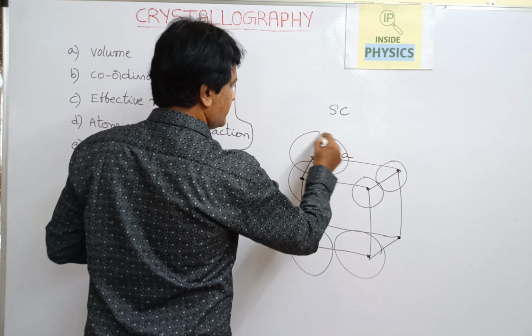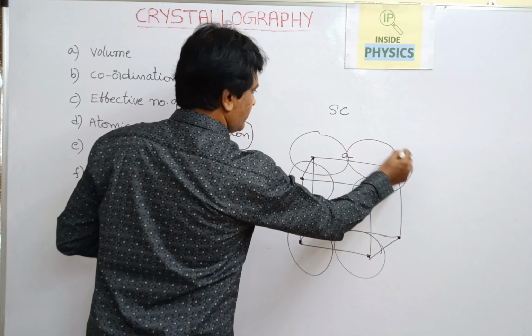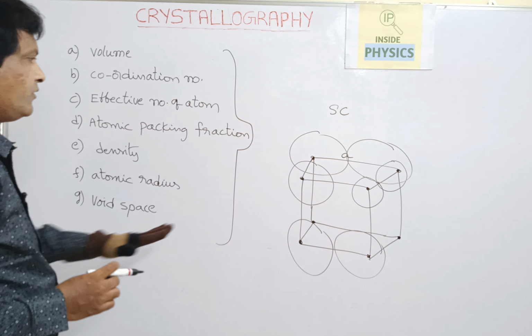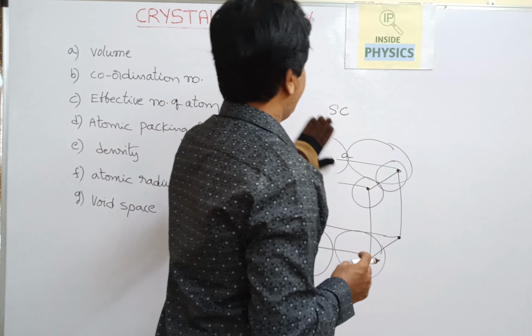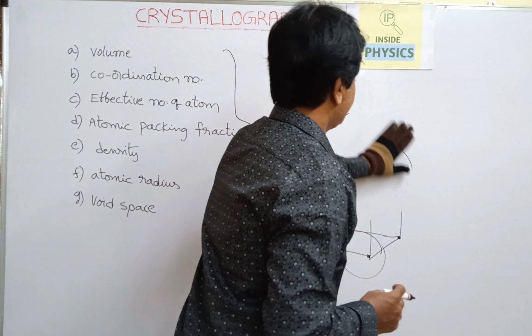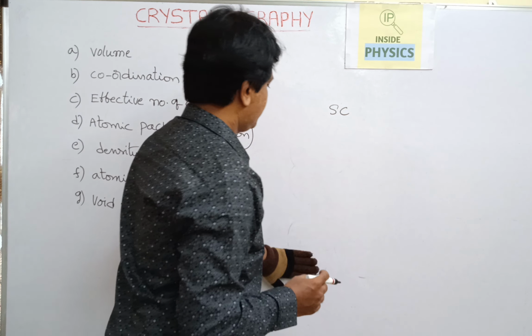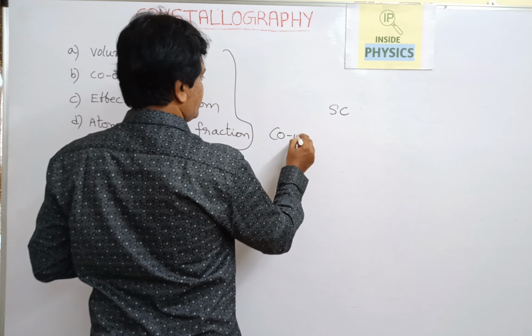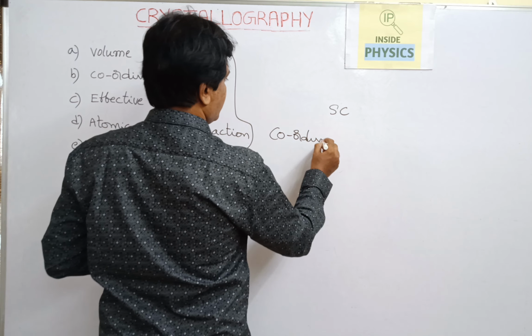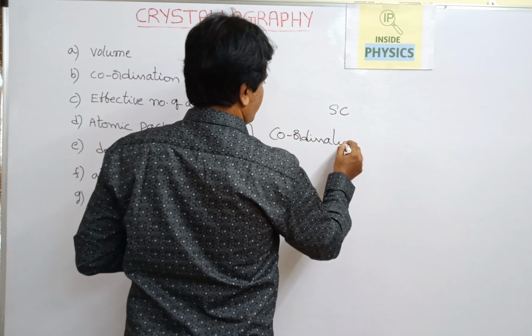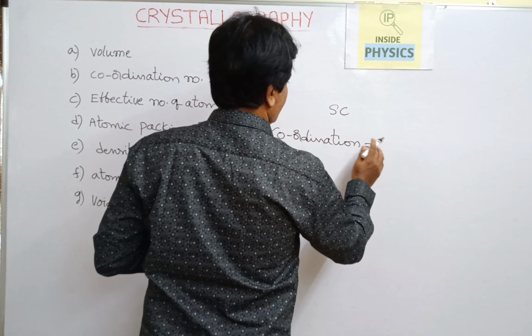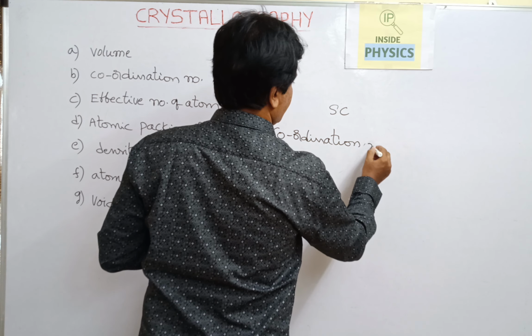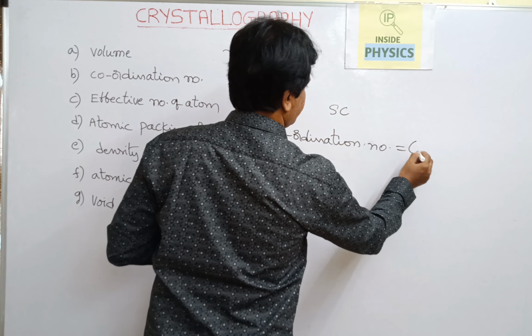This is the unit cell and this is another. In this way we can imagine a three-dimensional array of atoms which have some neighbors. Here the coordination number of the simple cubic structure is equal to 6.